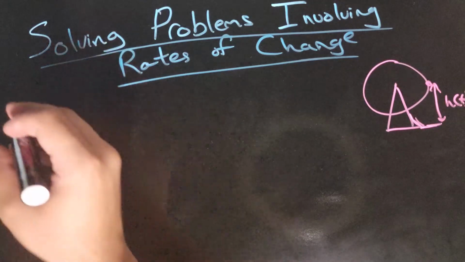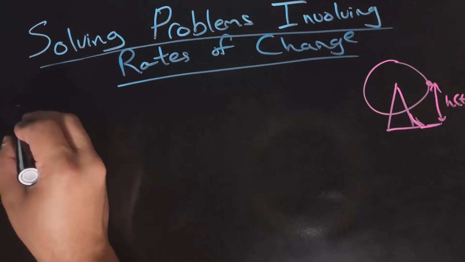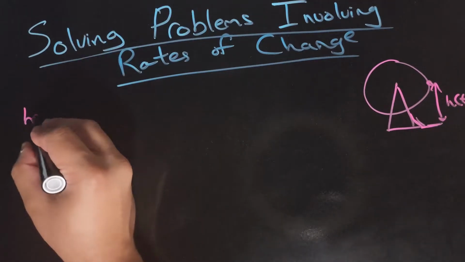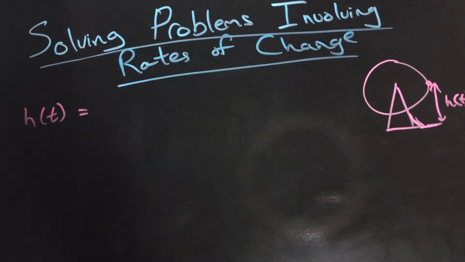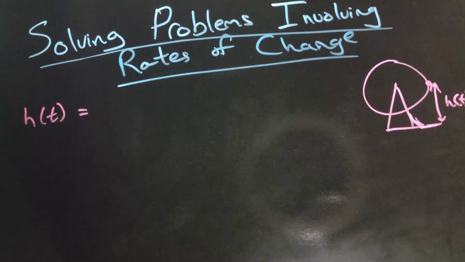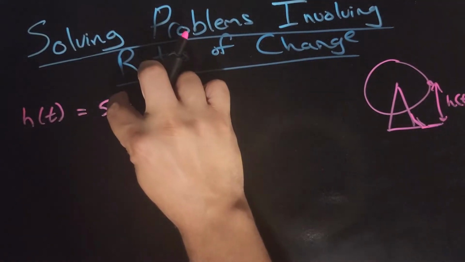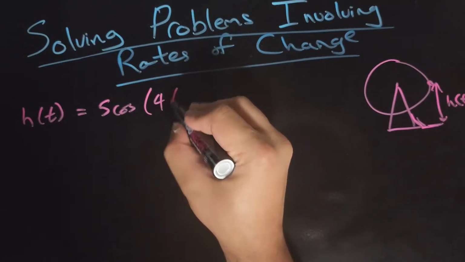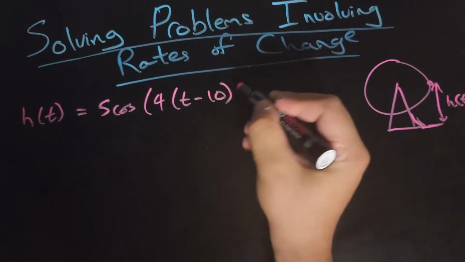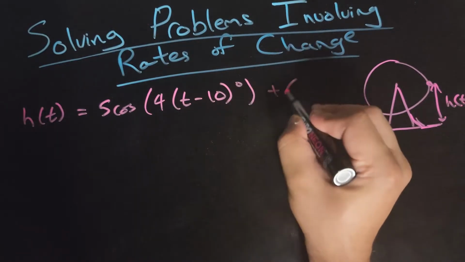And we're going to say that h of t is going to represent the height above ground in meters where I am, and t is going to be time, and the function that's going to represent my height is going to be 5 cos(4t - 10 degrees) + 6.